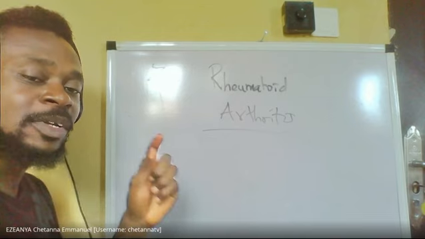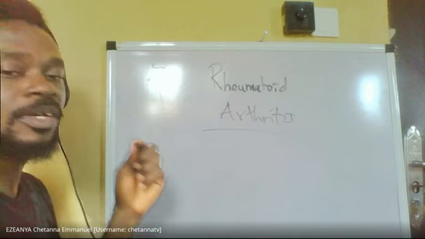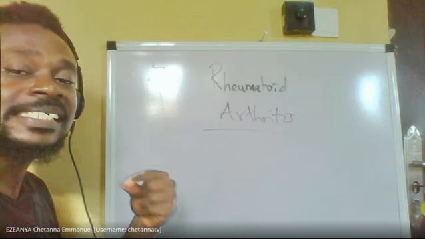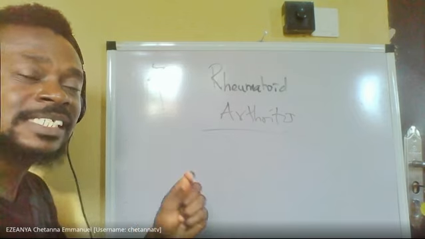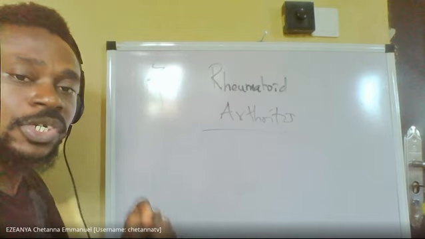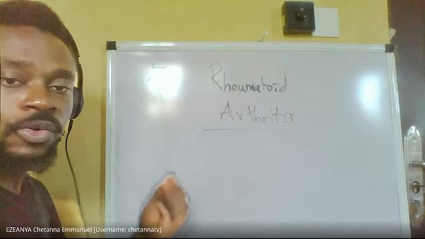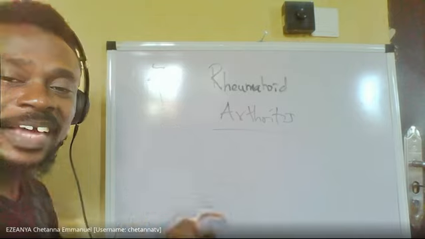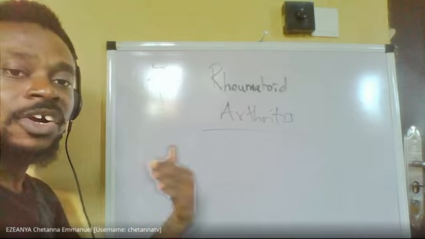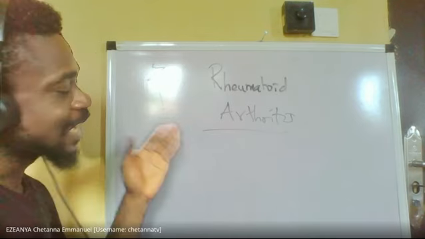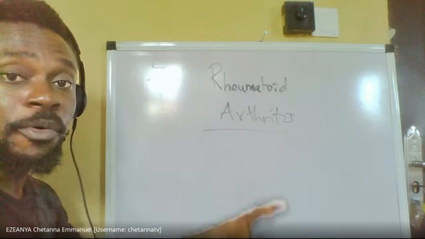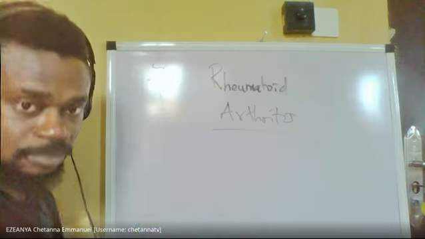Osteoarthritis and rheumatoid arthritis are not the same thing. Rheumatoid arthritis is autoimmune, but osteoarthritis is not. Rheumatoid arthritis affects the synovial joints, resulting in cartilage and bone destruction.